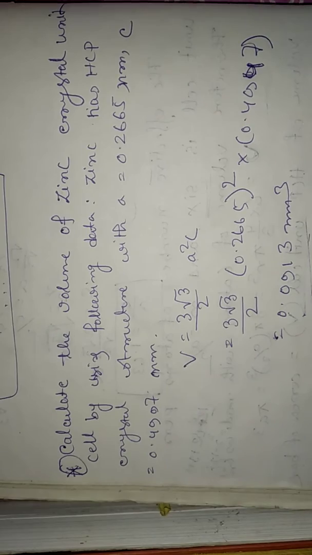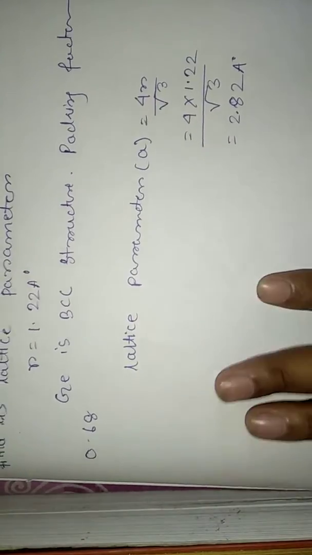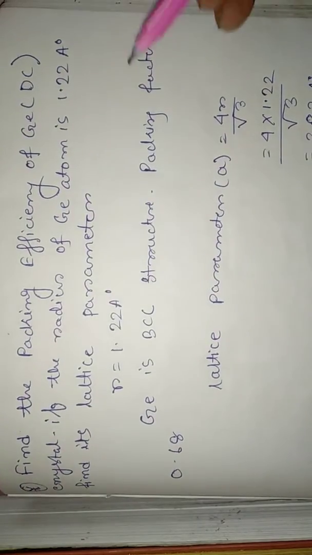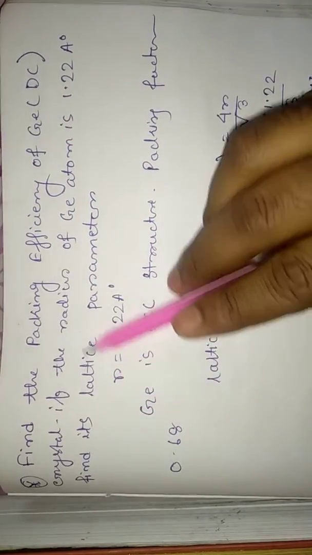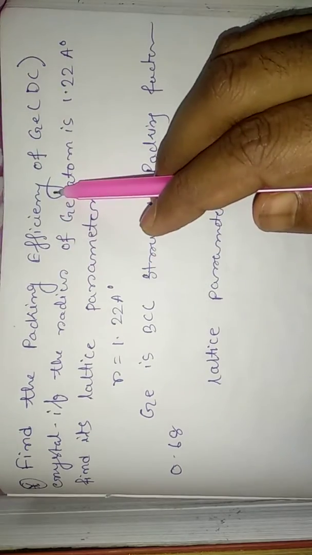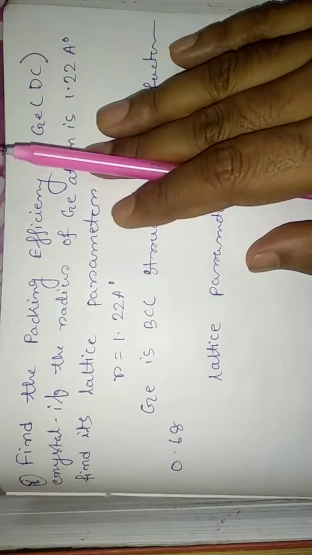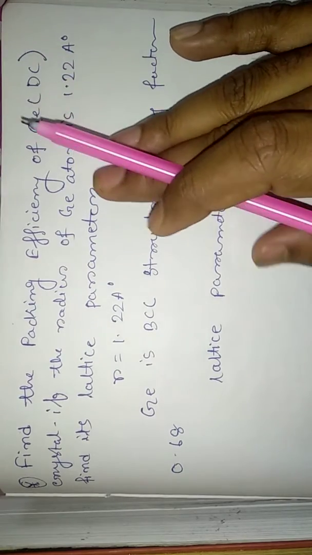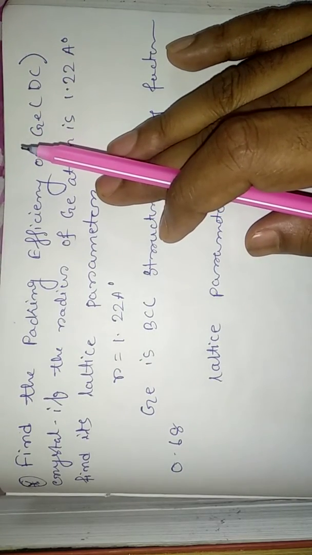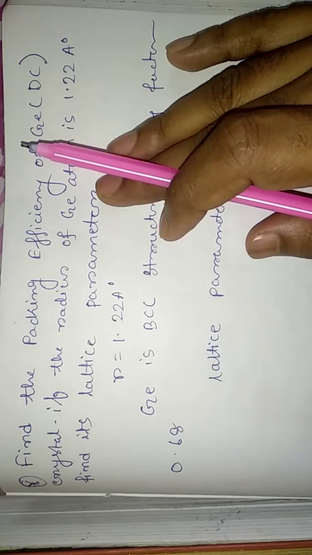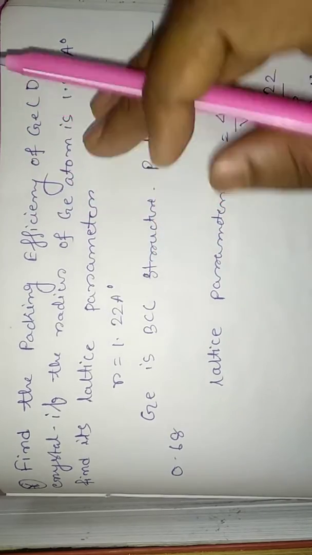Okay, now let us take another example. Now find the atomic packing factor, or packing efficiency. Packing efficiency and atomic packing factor are both the same. The atomic packing factor is expressed as a fraction, and efficiency in terms of percentage.